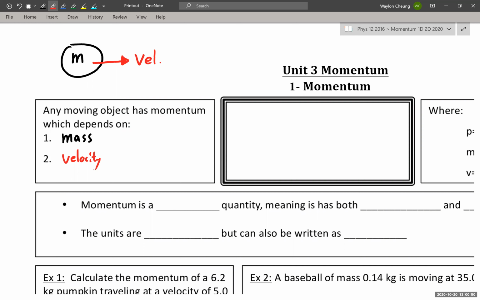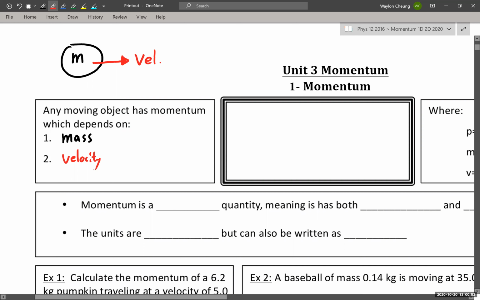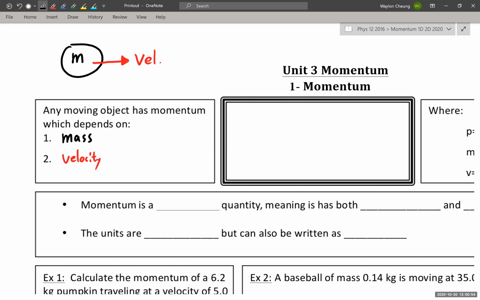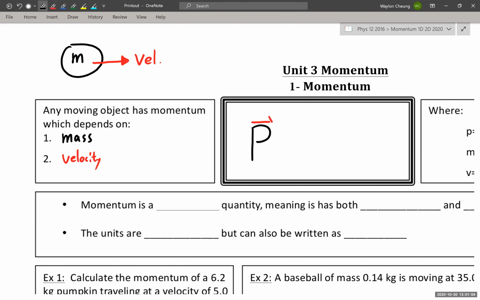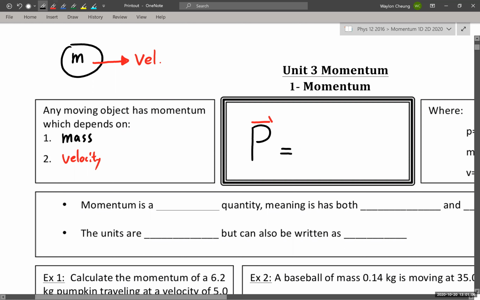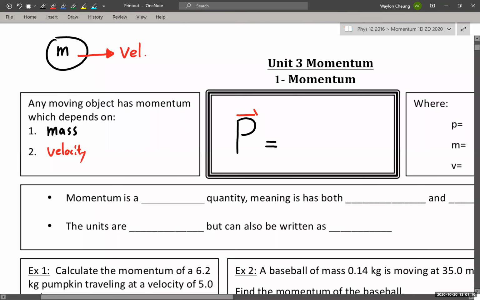Now, there's only one equation in this entire momentum chapter. Well, actually two. One is momentum, the other is called change in momentum, so they count separately. For momentum, we use P. I know, momentum starts with M, but the equation for momentum has mass in it.